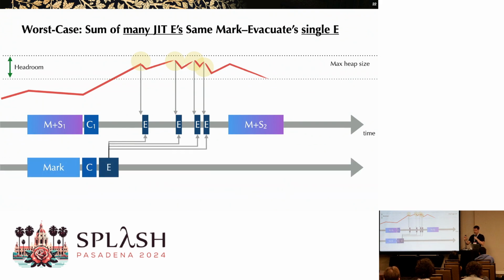And the worst case scenario of doing this is that we would have to do as many JIT evacuations as the entire evacuation phase in mark evacuate. So that means that the amount of wasted work will be exactly the same as mark evacuate. But that's rarely the case that we can observe.